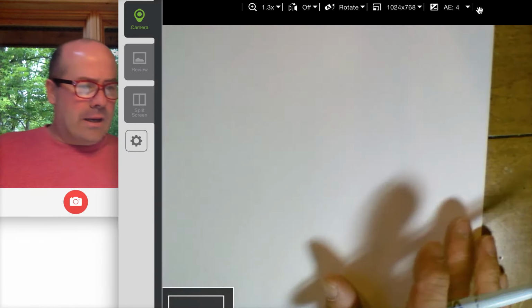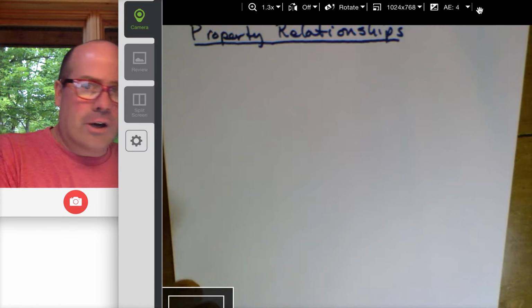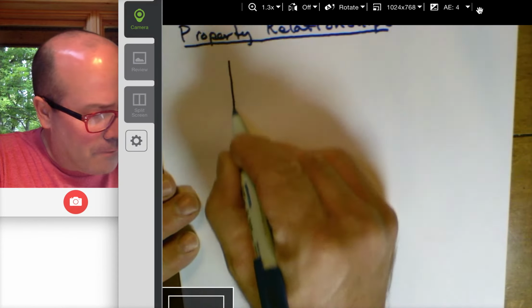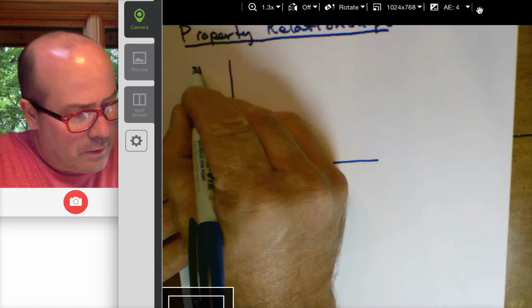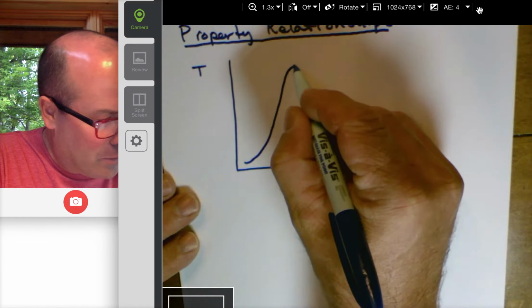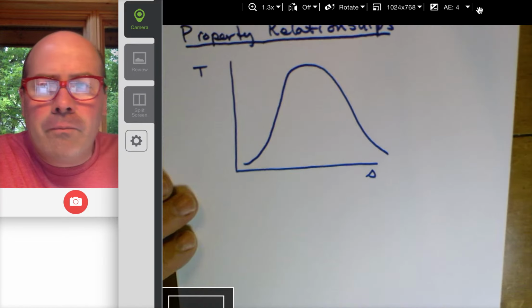All right, I'm going to set the book aside and talk about how we use the steam tables to find different properties. I'm going to draw a diagram that we've seen before, the temperature entropy diagram. Everybody might remember what this thing is called. What is it?